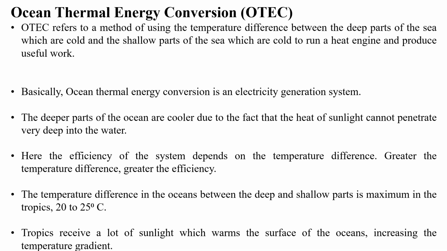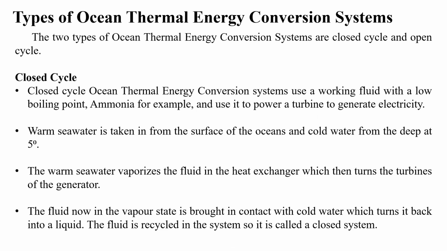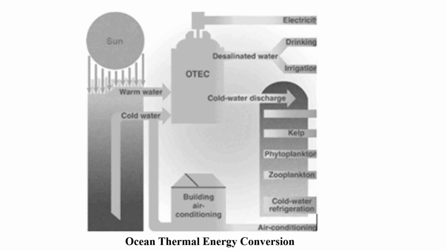The hot and the cold temperature will basically create some heat production, right? This is possible in an ocean thermal energy conversion system. We'll see this operation, and we'll also see the types of ocean thermal energy system. Basically, we have two types: open cycle and closed cycle. We will see all that in the next class, right?